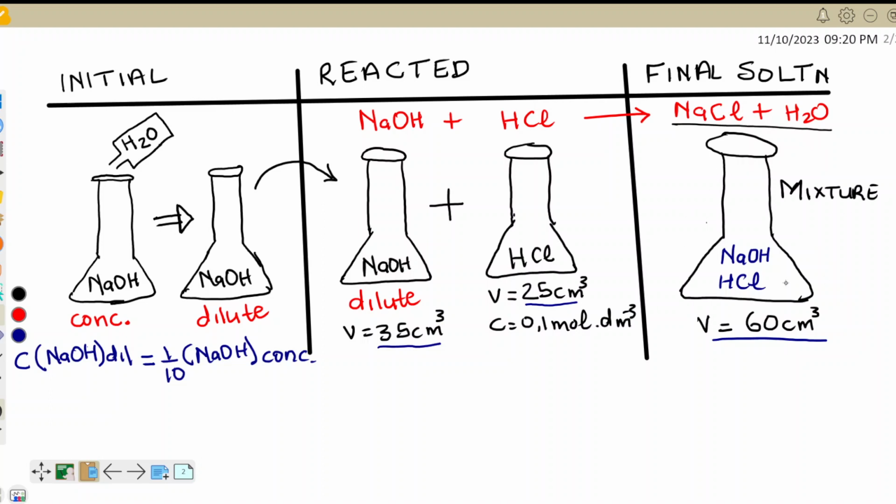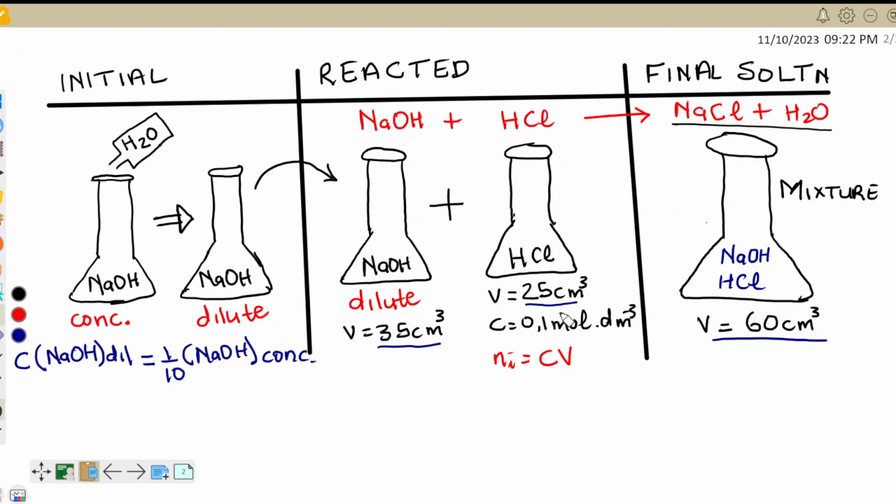So this is the final mixture. But at the reacted part, they said we need to calculate the initial number of moles of HCl, which is C multiplied by V. So we're going to first calculate the initial number of moles of HCl.